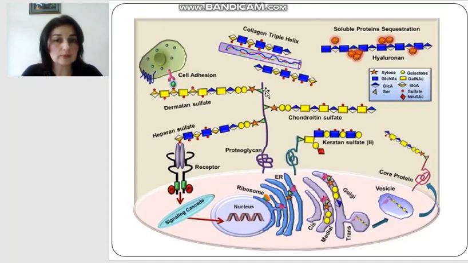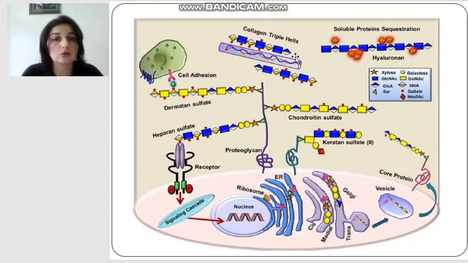Also we have to keep in mind that the glycosaminoglycans cannot form covalent bonds with this core protein, and here link proteins are present, linker proteins, which will join these two molecules to each other. Then some of these proteoglycans will participate in organization of the collagen fibers.